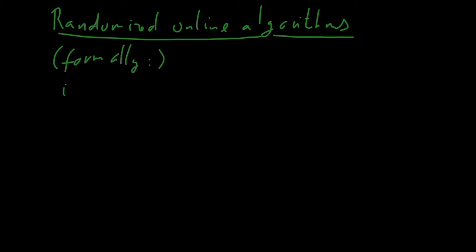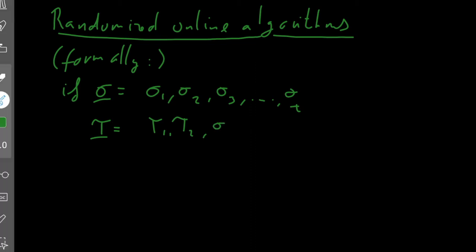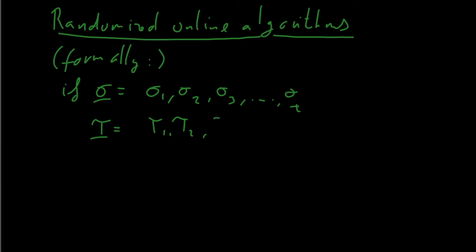if we have an input, say sigma 1, sigma 2, sigma 3, and so on, and we are just dealing with the t-th request, and we have already output some sort of actions for the first part of the input, so it's of course tau 1 and so on, tau t minus 1.